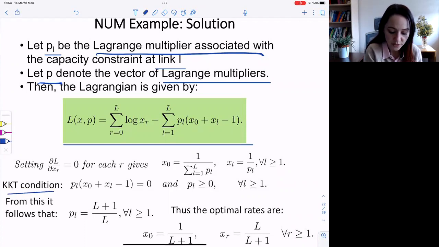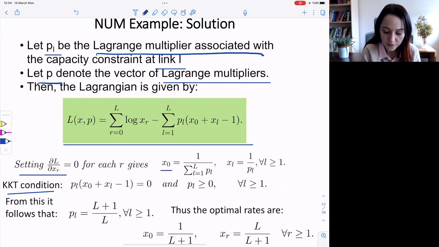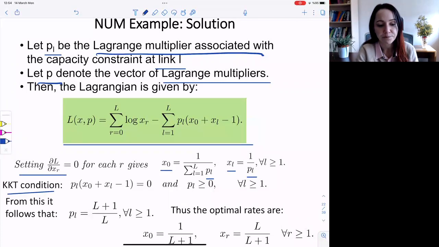Okay, so set the derivative of the Lagrangian with respect to each x_r to 0. That allows us to find the value of x_0 in terms of the Lagrange multipliers p_l, and the value of x_l for each l in terms of, again, the Lagrange multipliers p_l.